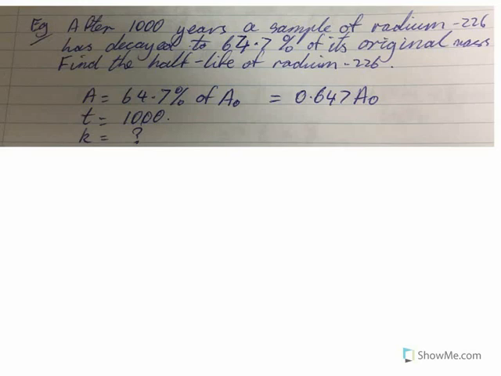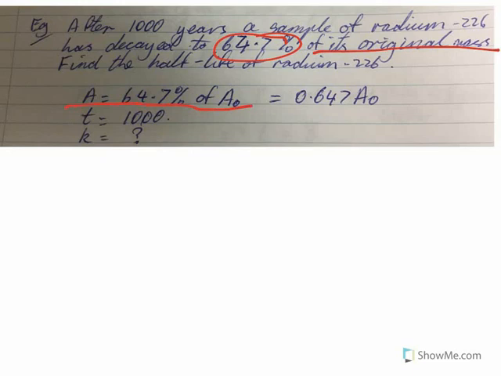First of all, one of the important things is the 64.7%. And it says of its original. Now, we don't know what the original is, but it doesn't matter, because we can write it down in terms of that. So A is 64.7% of A0.